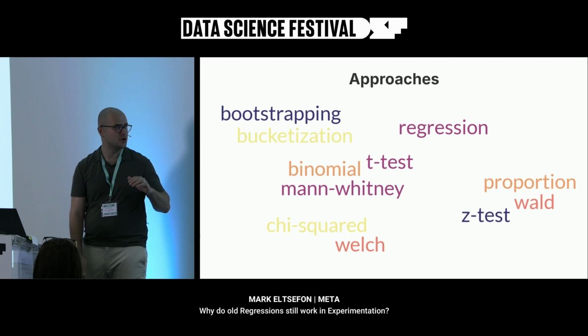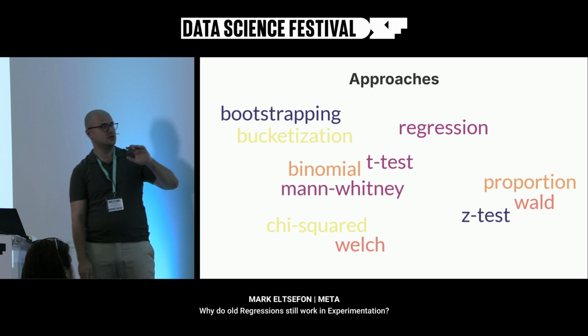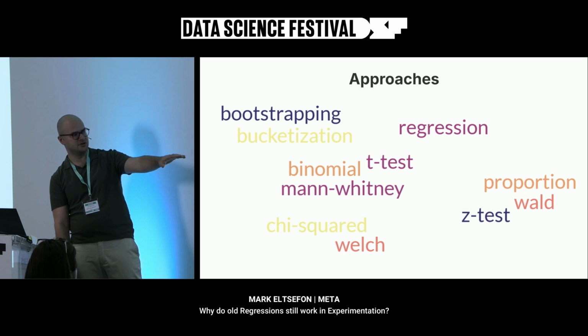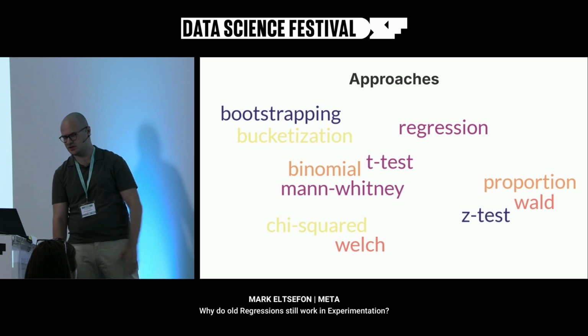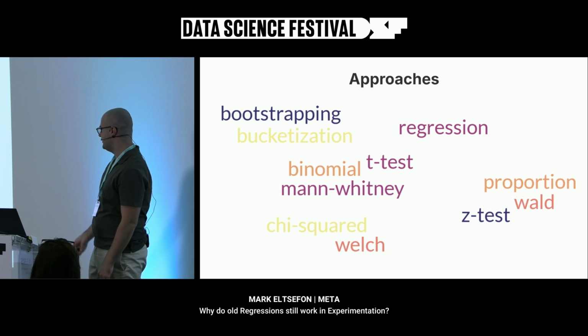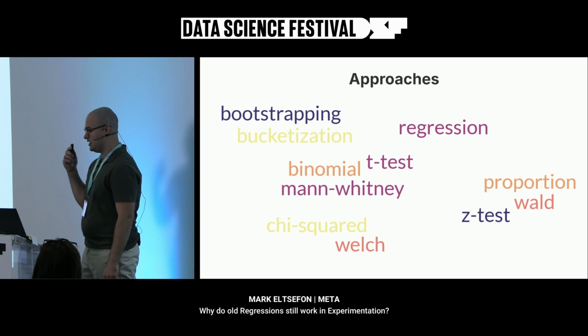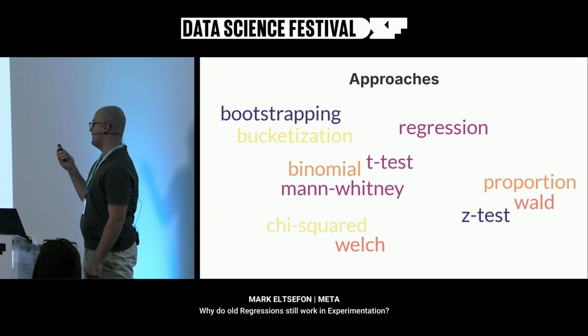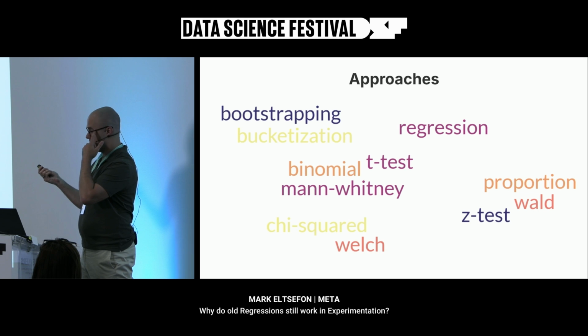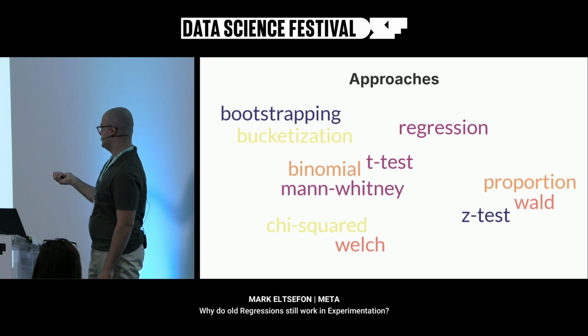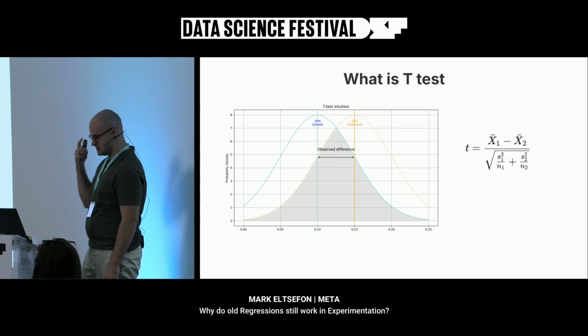It ranges from bootstrapping and bucketization to Welch and Mann-Whitney and other things. I don't know even 50% of them, I think. But what's the most popular method that we use all the time, everywhere, at every company, every person? It's the t-test.